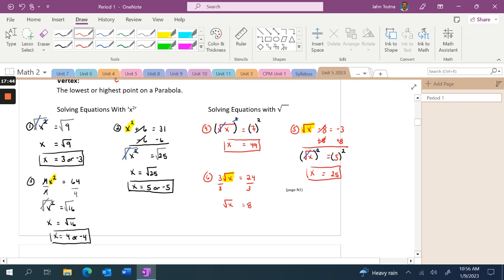And then I need to eliminate the square root symbol. And the way I eliminate a square root symbol is I raise both sides of the equation to the second power. The square root symbol cancels out the second power, leaving me with x is equal to 8 to the second power, which is 64.